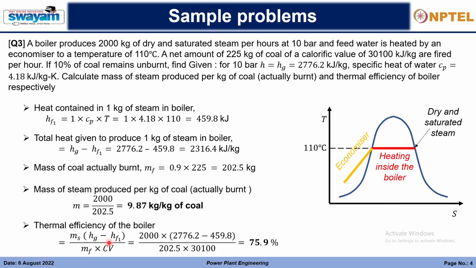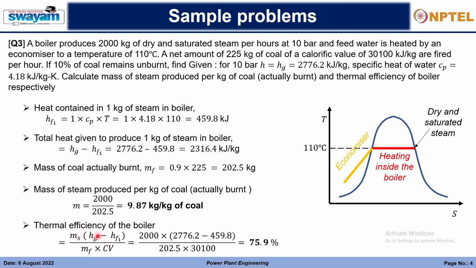The flue gases, it means there are a lot of losses, you might have read in the lectures. So the total amount of energy being produced by burning the coal will not get directly transferred to the production of the steam. That is why we divide this and get the thermal efficiency.